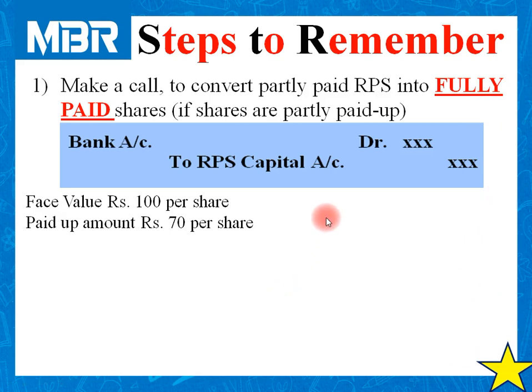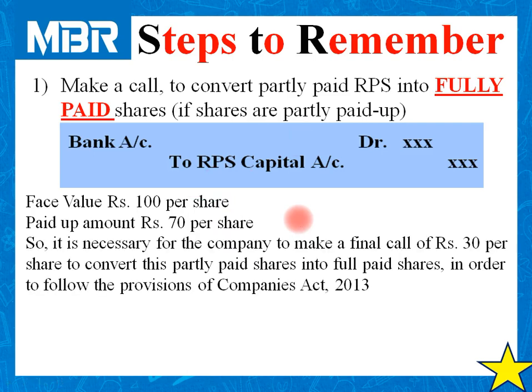We need to remember this question because each and every piece of information that we need to solve the problem is given to us in this question. Let us start with the solution. As per the provisions of the Companies Act, we cannot redeem partly paid shares.